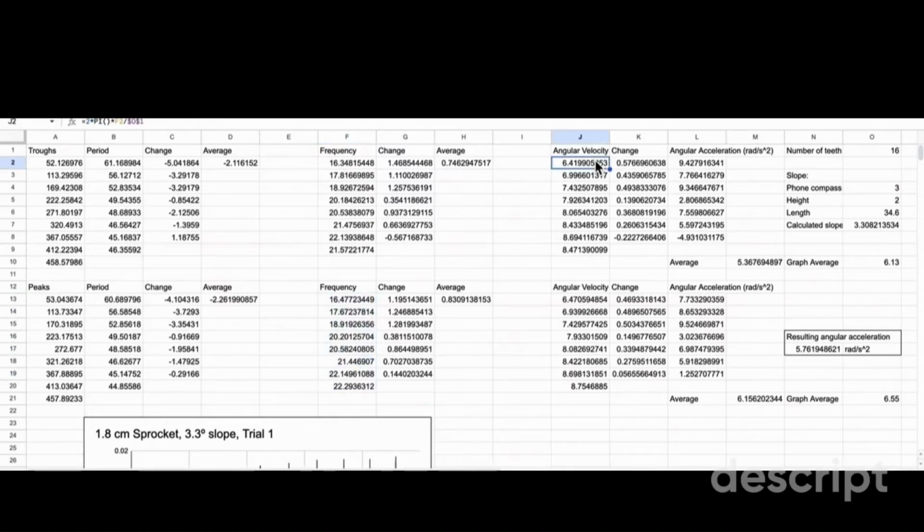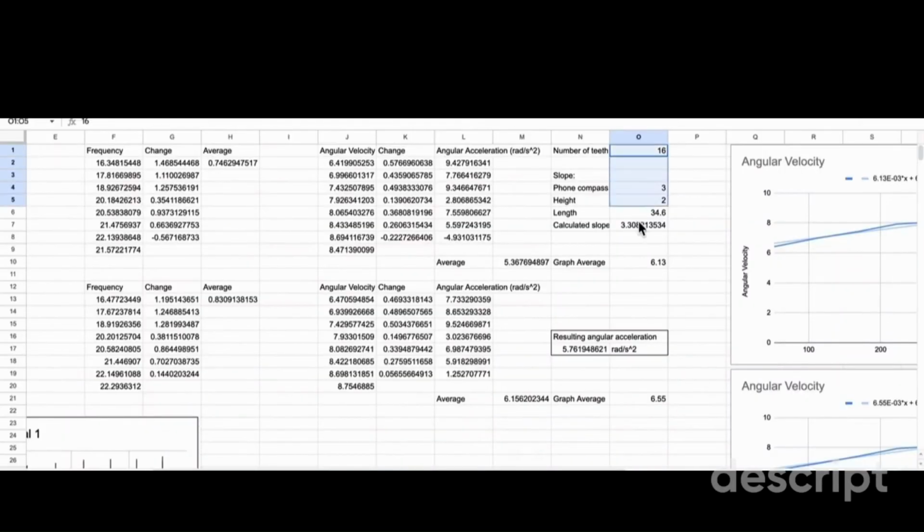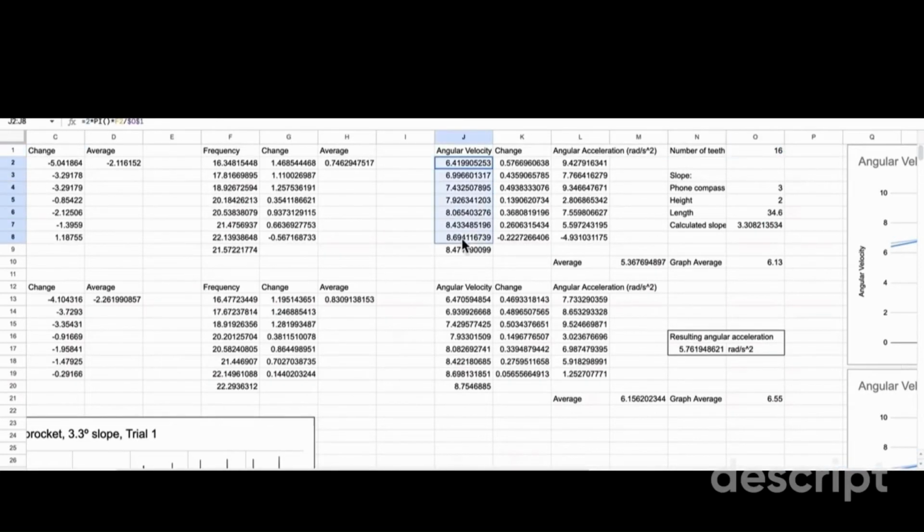From that, we can find the angular velocity because the frequency of these clicks of the sprocket from constant data shown here, the slope is roughly 3.3 degrees. There are 16 teeth on this sprocket. From that, we can find the angular velocity of the sprocket at that particular point in time. This is only an approximation because we can't find an instantaneous velocity.